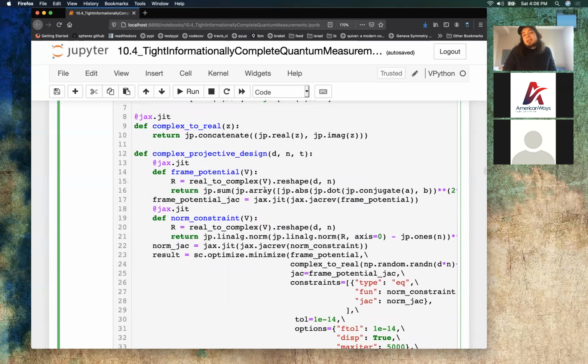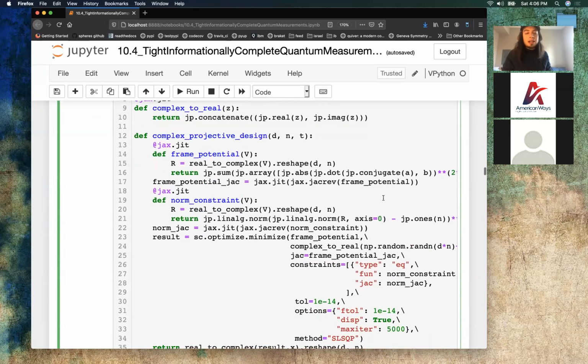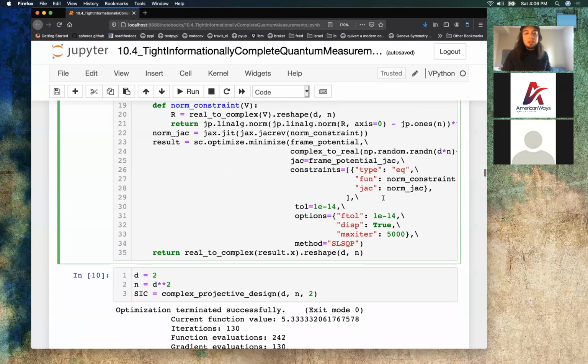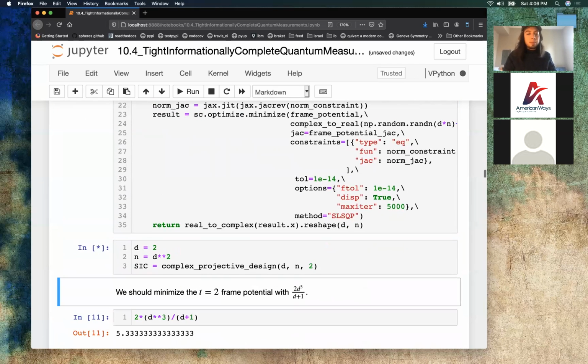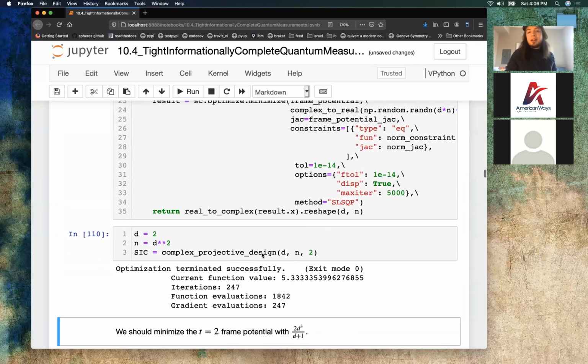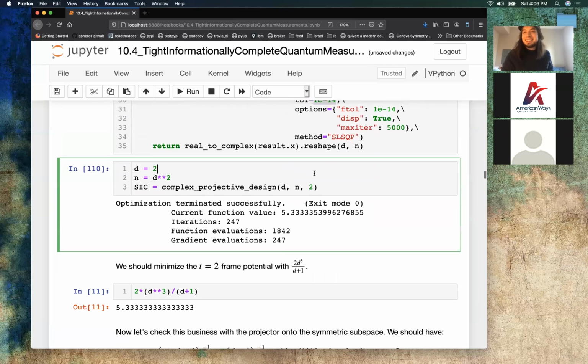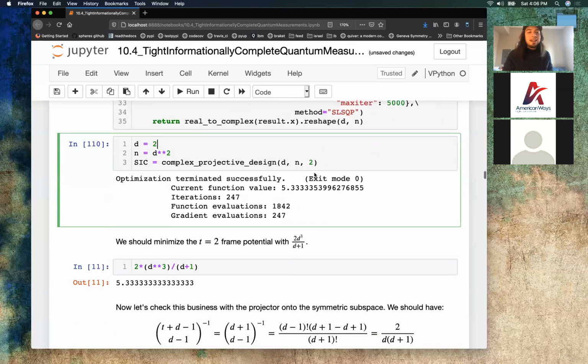But basically this is the same thing we had before. I'm going to minimize the frame potential, making sure we have unit norm. And again, you could go for higher tolerance, in other words more accuracy, but it can be annoying, so just to save time here.